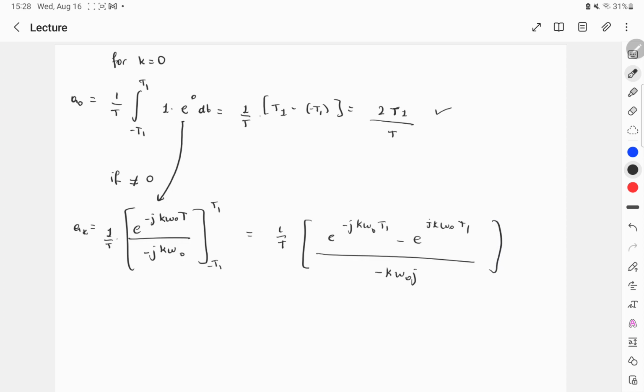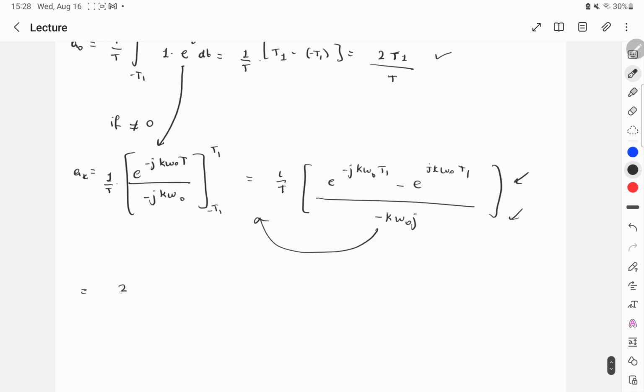Okay, so by taking this one out and multiplying the denominator and numerator with minus 2, we will have this expression over 2j.